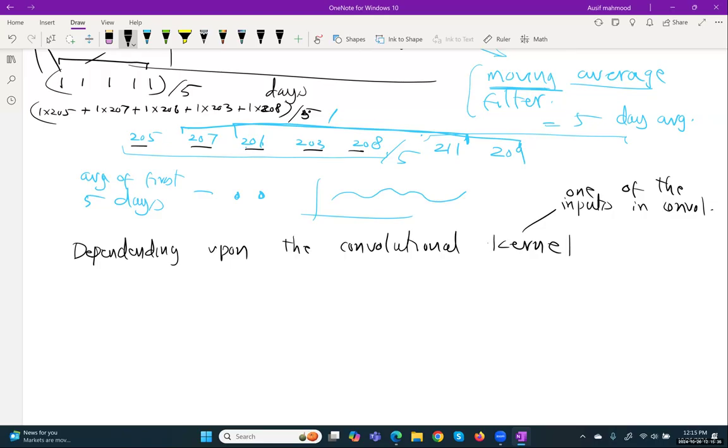Depending upon what the convolution kernel is, it will enhance the data in a certain way.